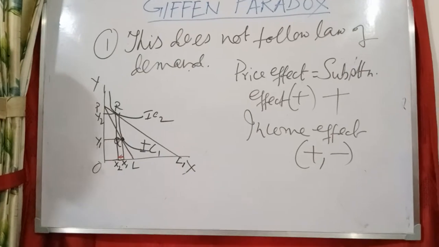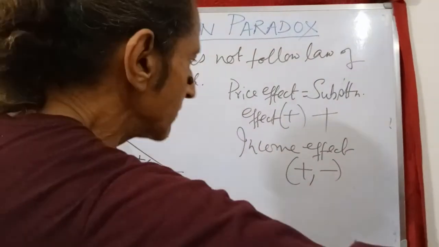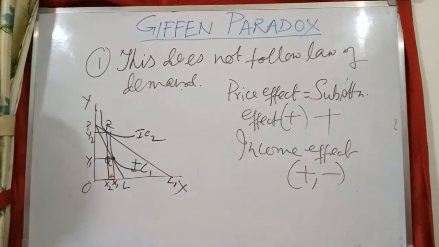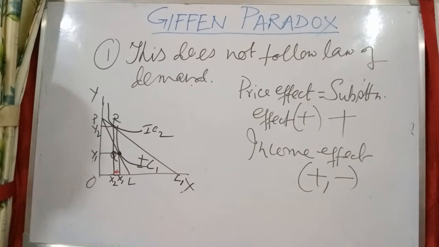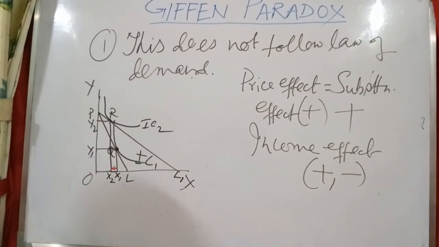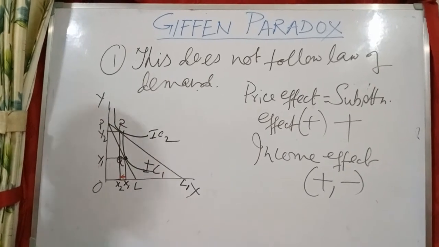Now let us see how it works when the income of the consumer changes without any change in the related prices of the commodities. Only the income of the consumer either falls or goes up.